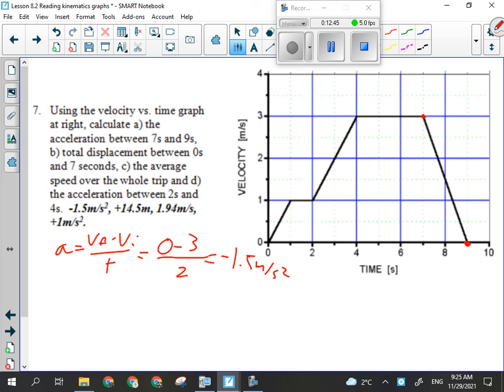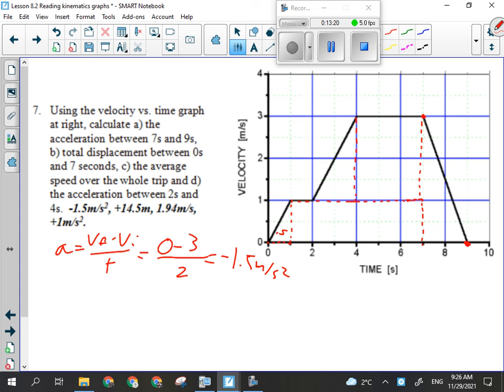All right, total displacement between 0 and 7 seconds. So I'm going to have this part here where it's accelerating, and then I'll probably just do this straight over to 7 seconds. Get one big rectangle there, a triangle here, and a rectangle there. I'm going to have to do this triangle eventually, but not right now. So I'm going to have a base of 1, a height of 1, so that's going to be 0.5.